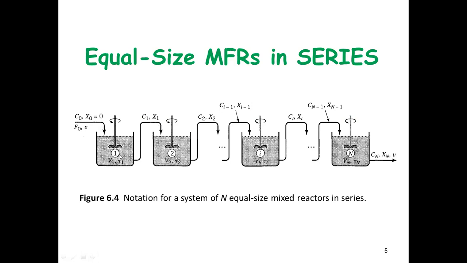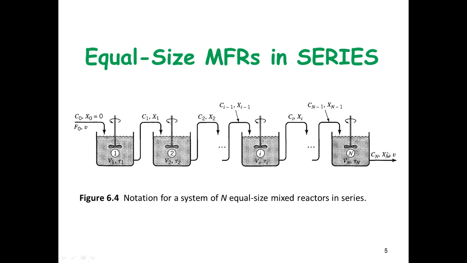So if it's coming from MFR number 2, the labeling of the concentration and conversion, same thing with the molar feed rate, would be the same as that of the first. The subscript is equal to the number of the reactor to which that particular concentration or conversion is referring. Okay, so this is how we place conversion and concentration.